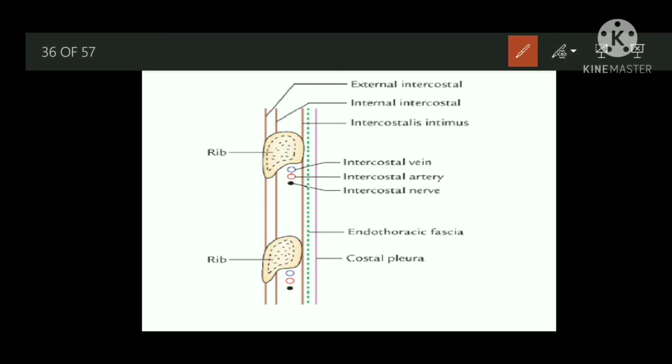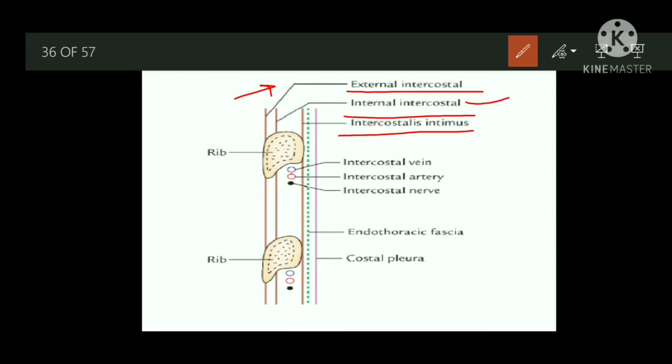So in the intercostal spaces, from outer to inner, the superficial layer is formed by the external intercostal muscle, the intermediate by the internal intercostal muscle, and the deep layer is occupied by the transverse thoracic muscle, having 3 parts: intercostalis intimus, subcostalis, and sternocostalis.